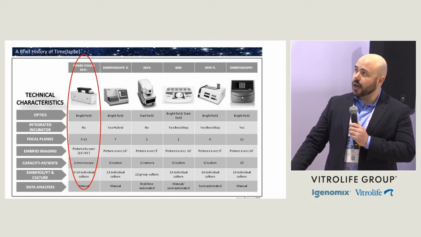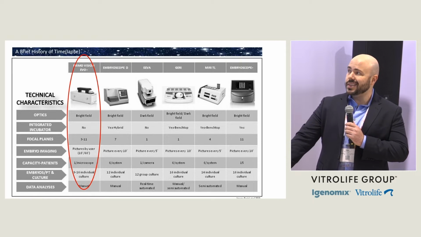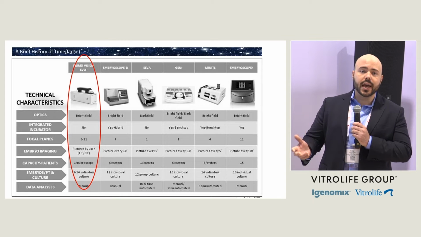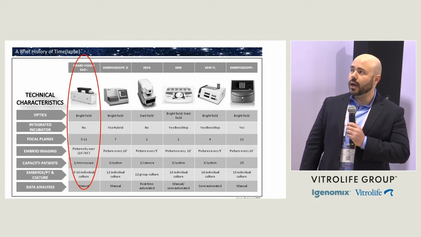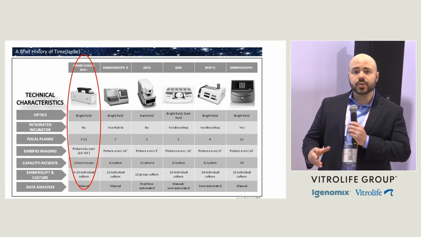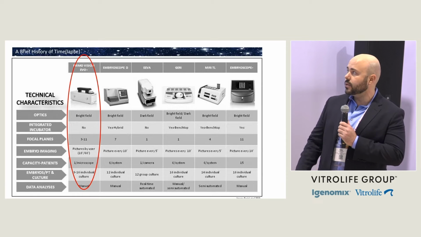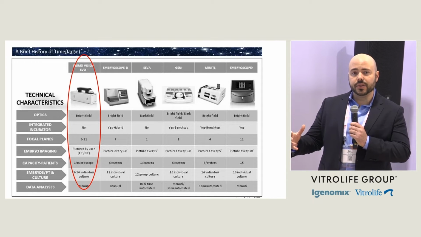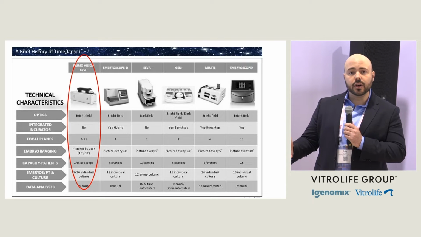So just a brief history here on the type of optics. The type of optics is important to understand when you're selecting your incubator system. You have bright field and dark field, or a combination of bright field and dark field. Another point worth mentioning is the integration of your incubator and its size compared to the space that you currently have in your lab.